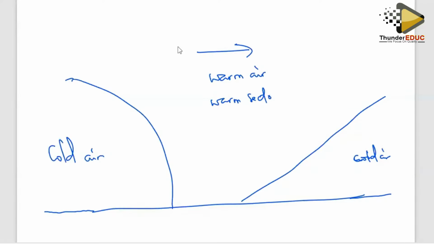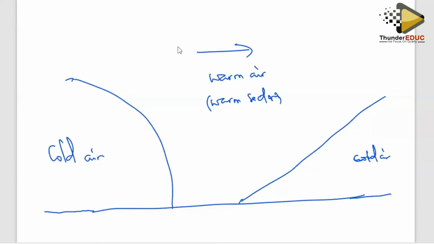So if this system is moving in this direction, it's circulating and reducing the warm sector area here. This is the area featured by warm and moist air. Warm and moist air is contained between two bodies of cold air, but the nature of the gradient between the two cold air bodies is that on the left side, or the western side, the cold air is advancing faster, and hence it has a steeper gradient.